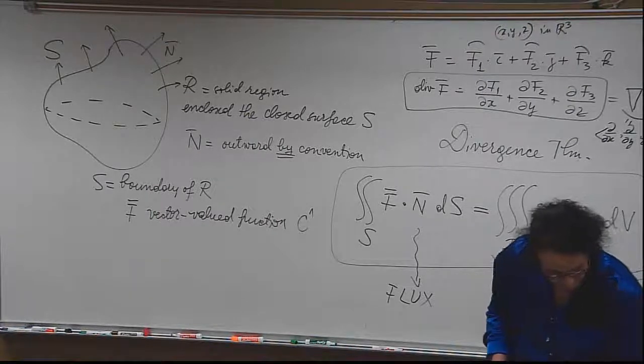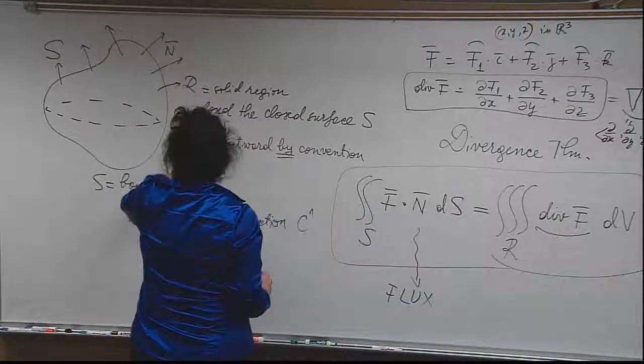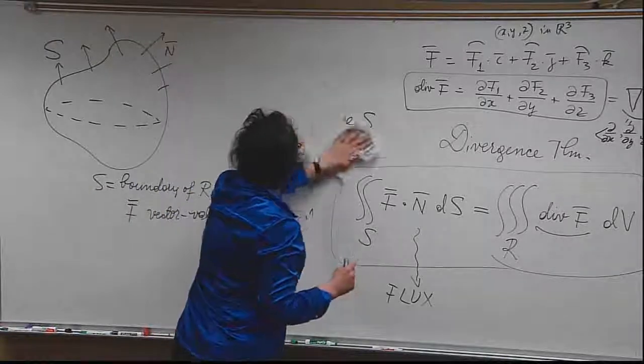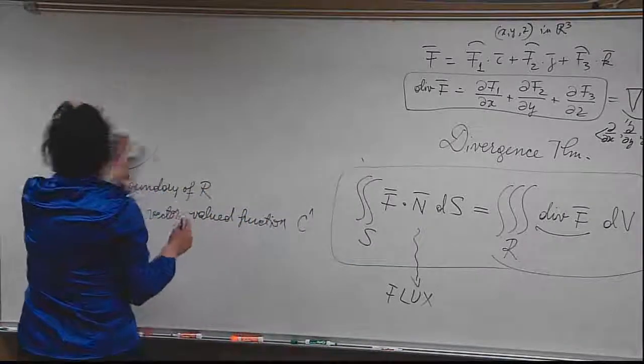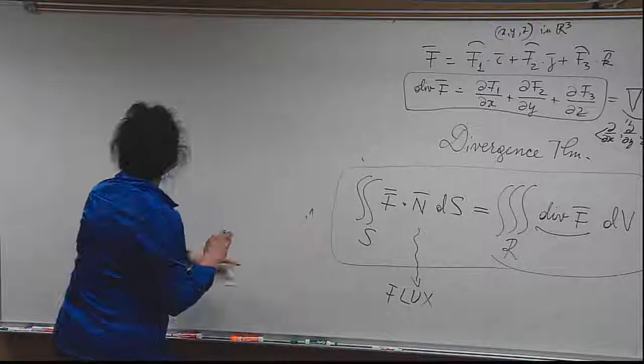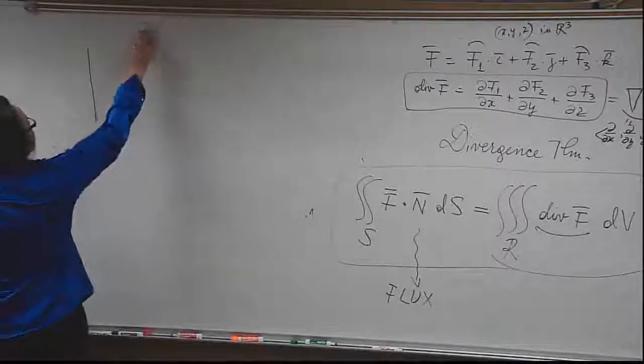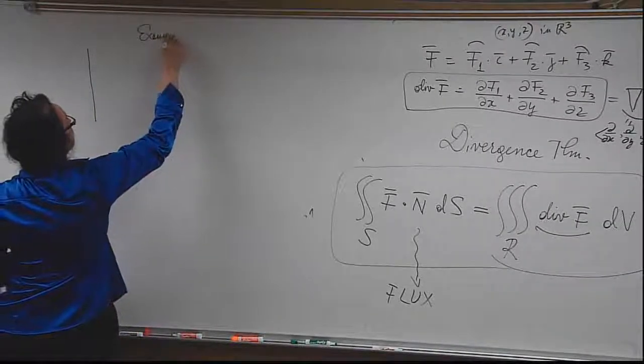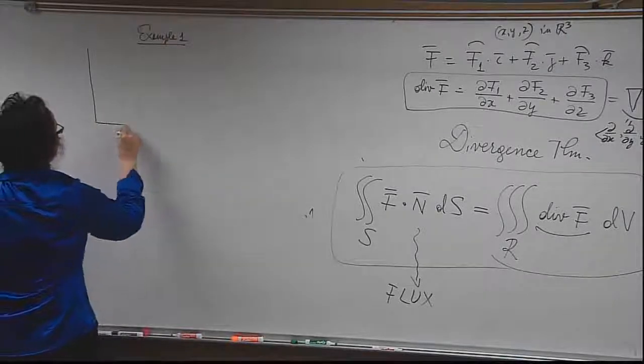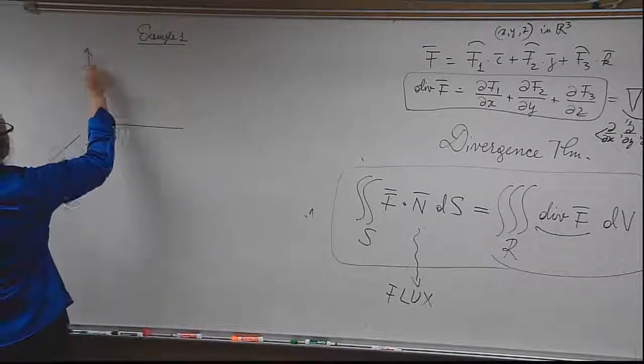Remember your favorite tetrahedron. I'm gonna erase it. Instead of the potato, you can have something like a pyramid. And you had example 1. Let's say we have that.